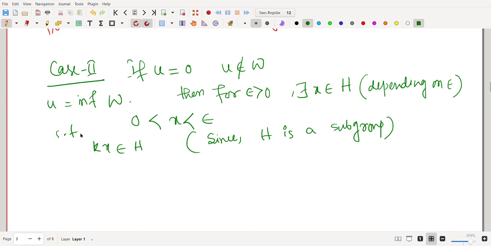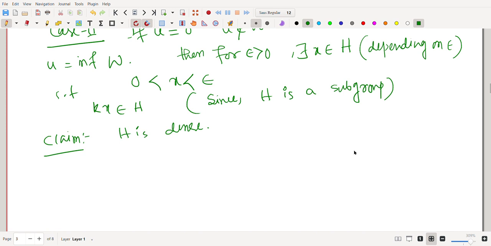So what I got is that depending on epsilon, sufficiently small epsilon I can choose, there must be an element x which is inside epsilon, right? Claim: H is dense.